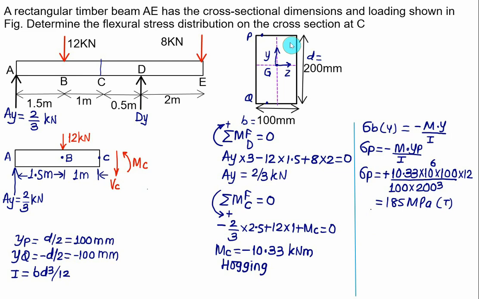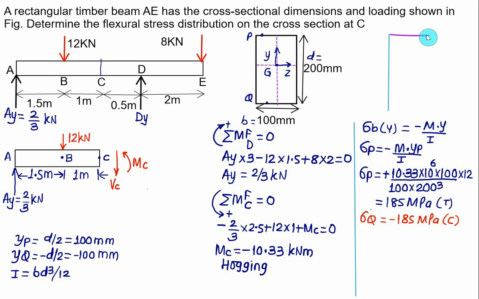Now if we have a tensile stress on the fiber P, then we have compressive stress on fiber Q, because yp and yq are same value. So directly I will write down here the stress on Q will be compressive, 185 megapascal. That is compressive nature. As far as the distribution is considered, at point P we have tensile 185.